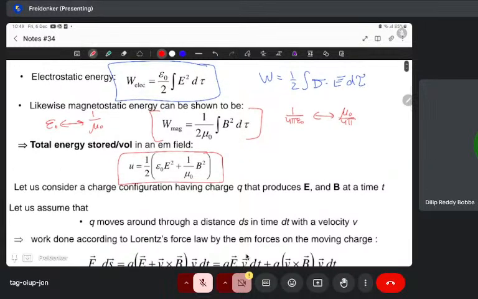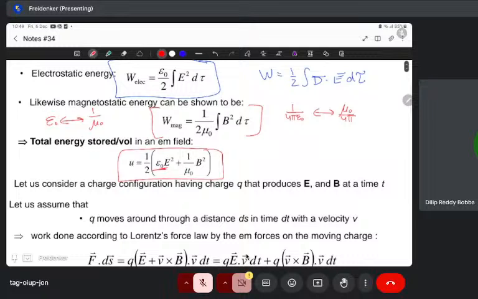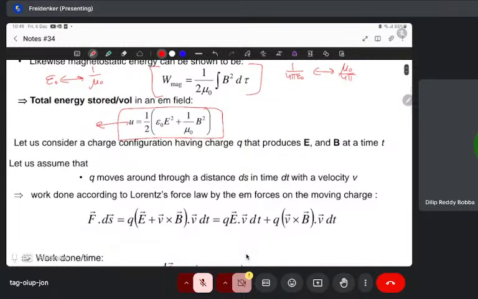So if you divide by volume, then the volume will go away. So what will you have? You'll have one half epsilon naught E square. The other one is half B square by mu naught. So half is taken out common. You can call this the energy density, because it is energy per unit volume.